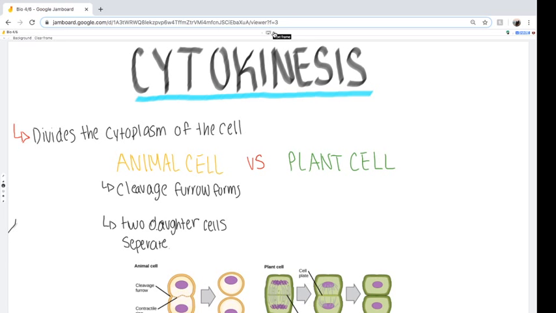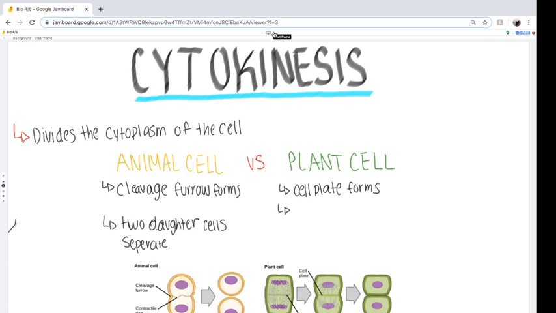So the difference between them is that in a plant cell, a cell plate forms. And the two daughter cells do not separate. Instead, the middle lamella holds the two cells adjacent to one another.